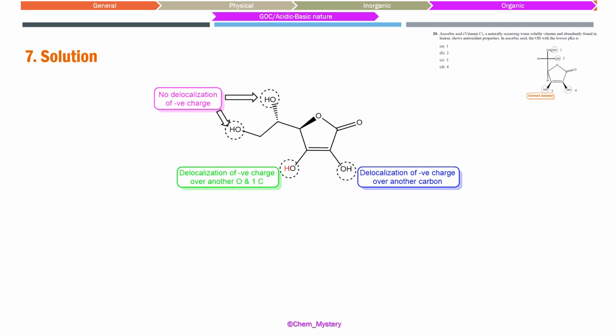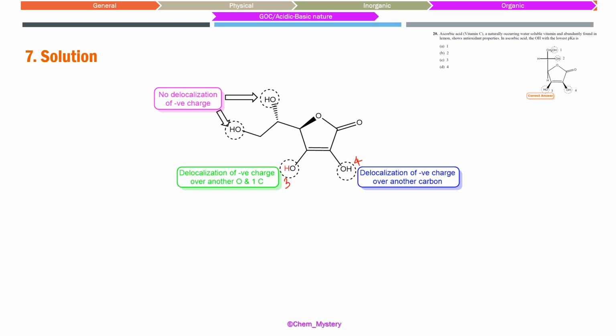So here we have got the 2 oxygens which were named 1 and 2. They do not have any charge delocalization because no conjugation is possible. Out of hydrogen number 3 and 4, if you go for position number 4, this is position number 4, this is position number 3.